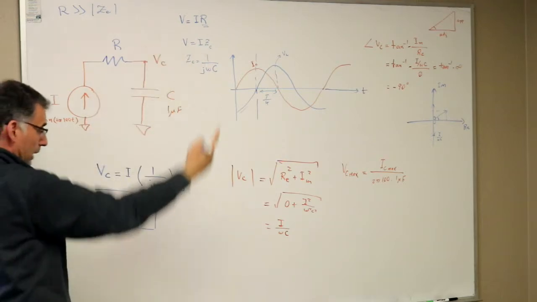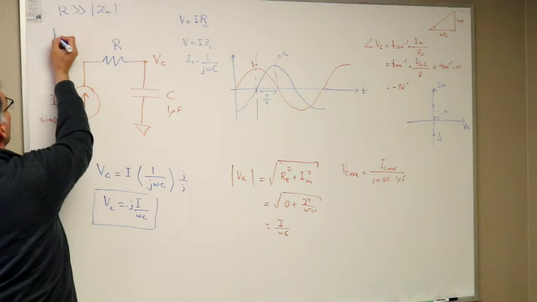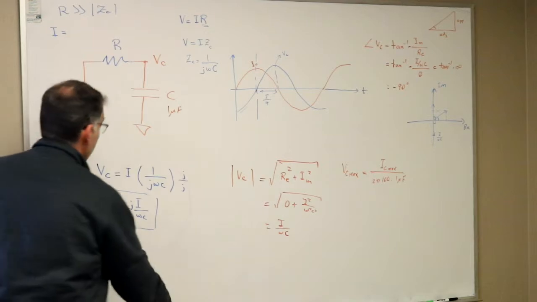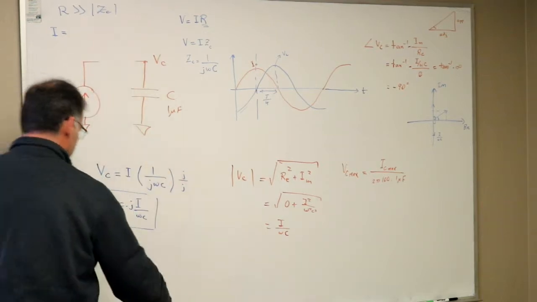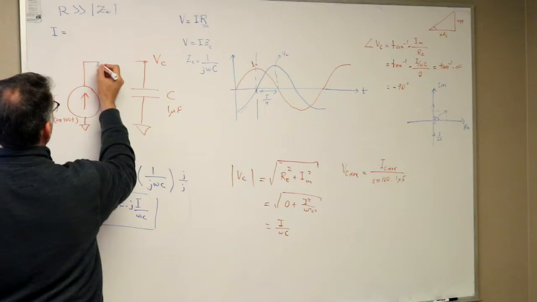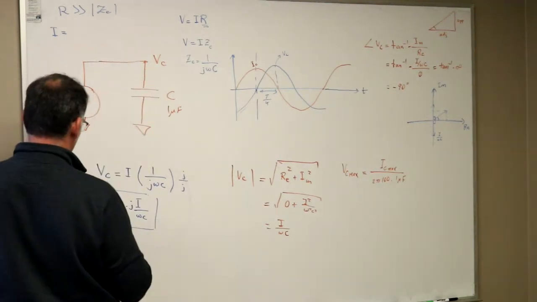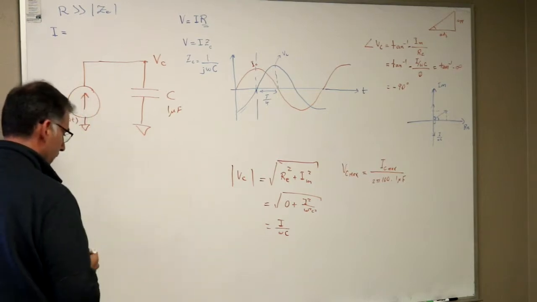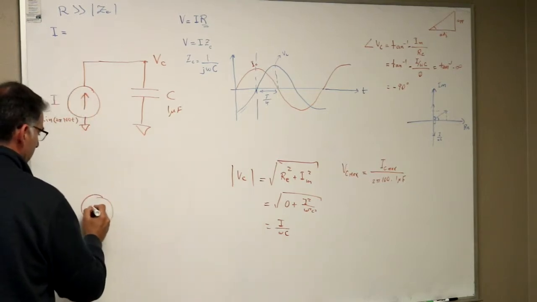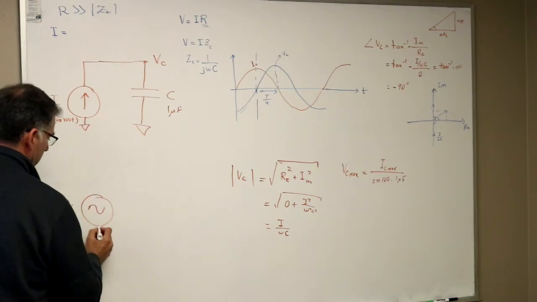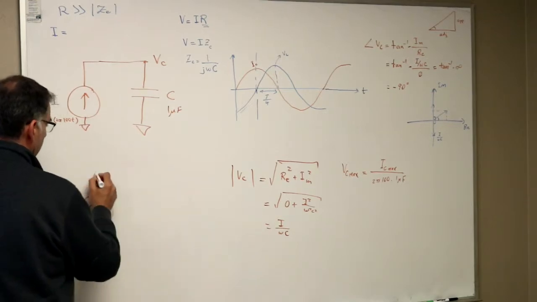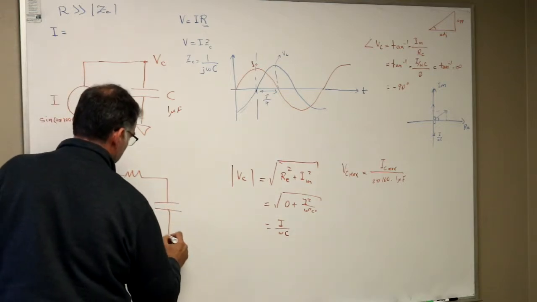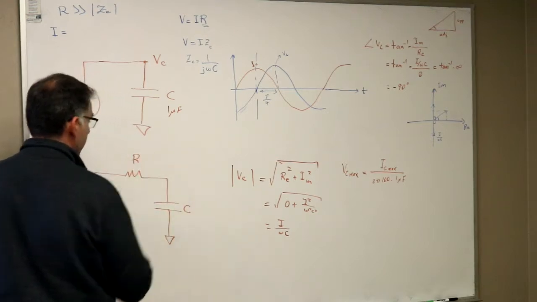So if I use, again, Ohm's law, my current would be equal to, sorry, let me redraw this because here I'm still working with the current source. I'm trying to replace it with a voltage source. So I'm going to erase this, and now I'm going to have an actual voltage source in, and then I'm going to put a resistor here and a capacitor like that.